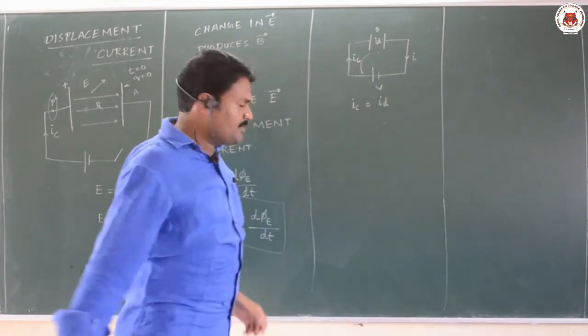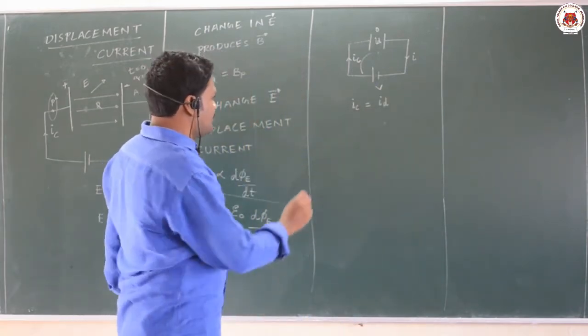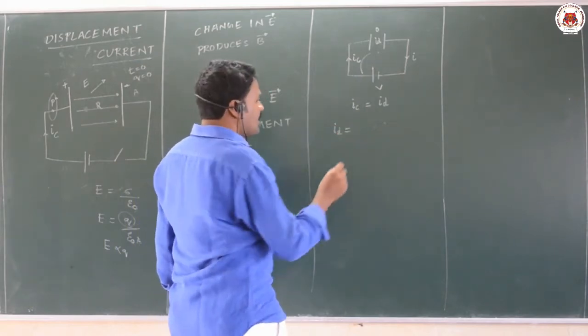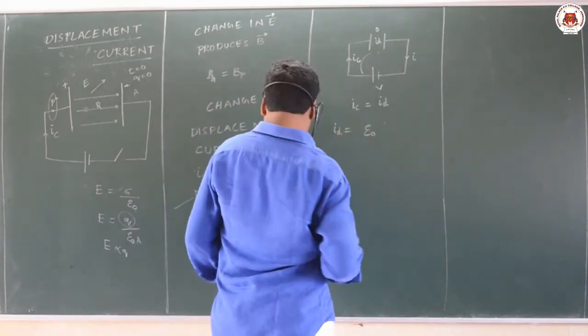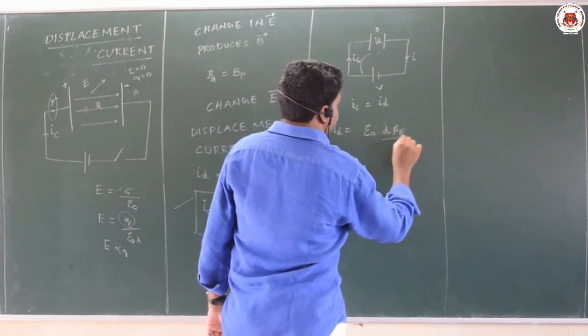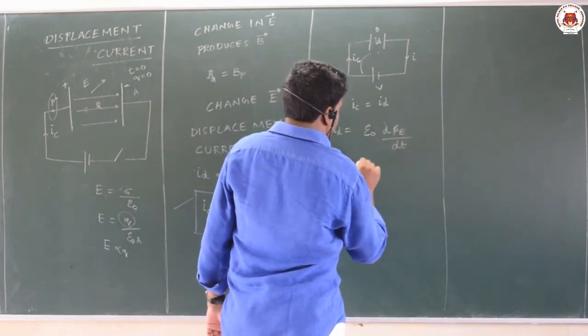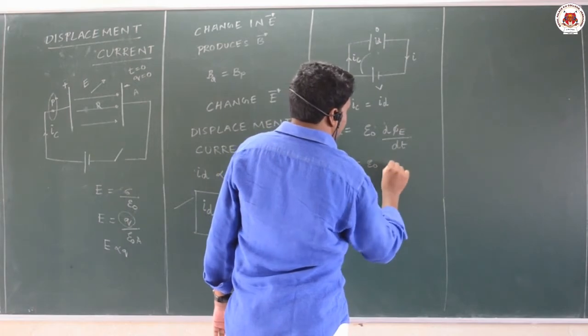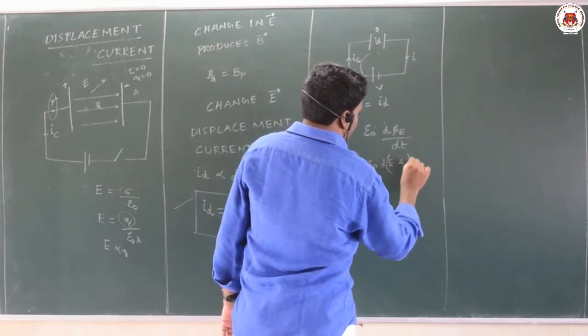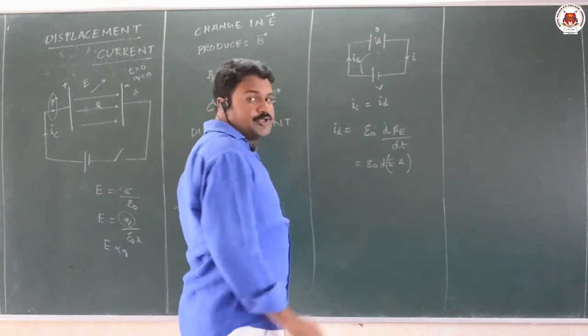We can prove it. The formula for displacement current is epsilon naught d phi by dt. This is epsilon naught d(E into A) by dt, if you take cos theta as 0.